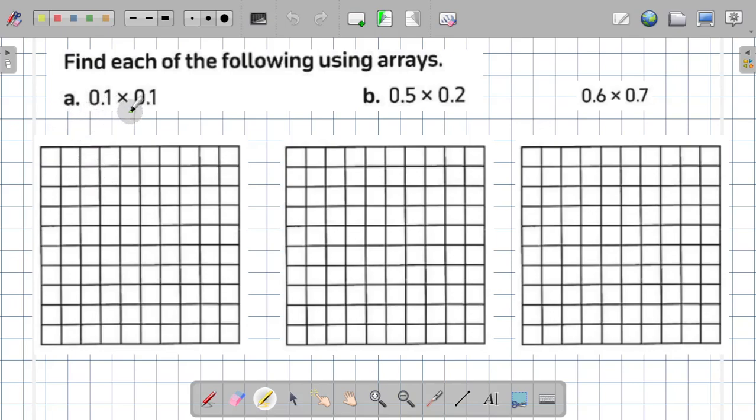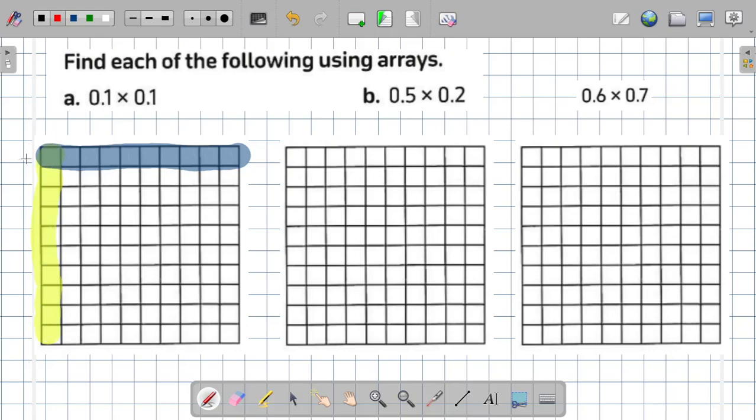I will represent the first number, 0.1, by 1 row like that, and the second one by 1 column. So here I have 1 row and 1 column.